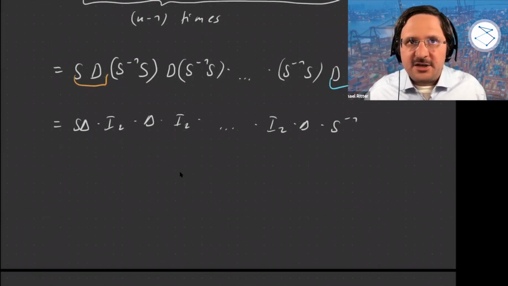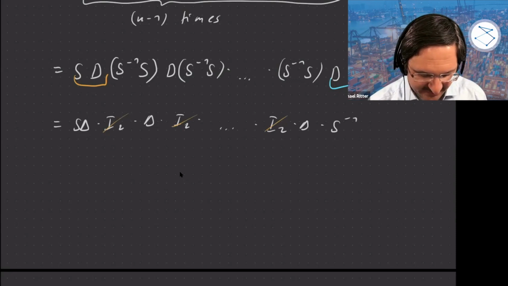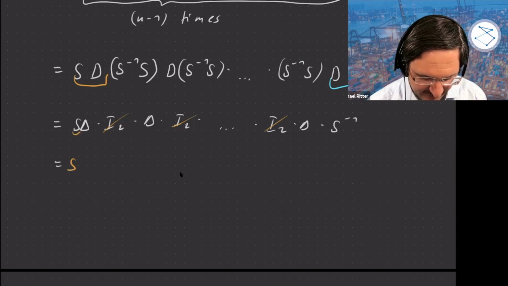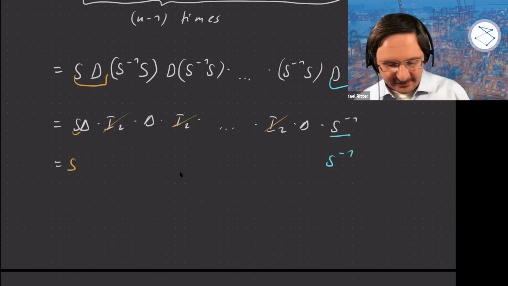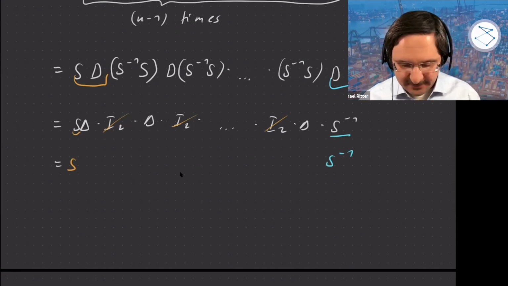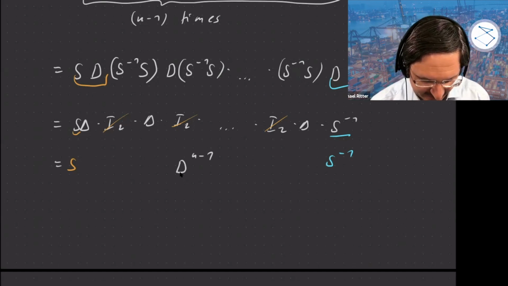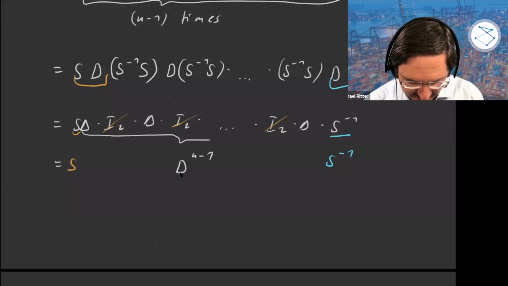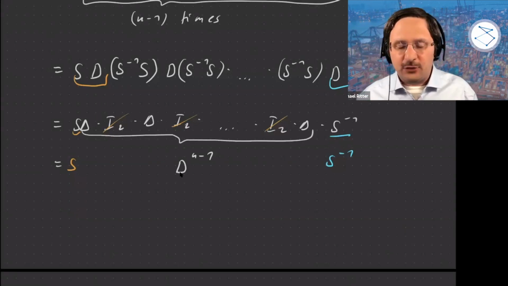Multiplying by the identity doesn't do anything, so we can as well forget about that. And that means what remains is this S here at the beginning, the S to the minus 1 at the very end, and in between we have a total of n minus 1 D's, right? So all of that is D to the n minus 1.